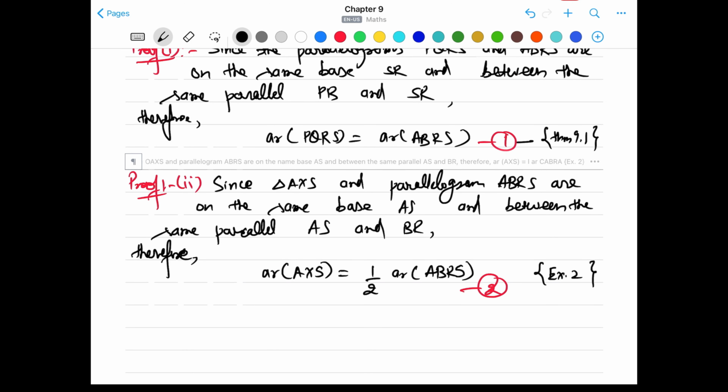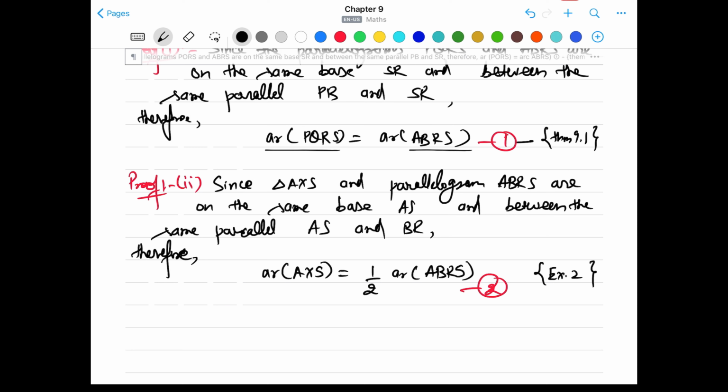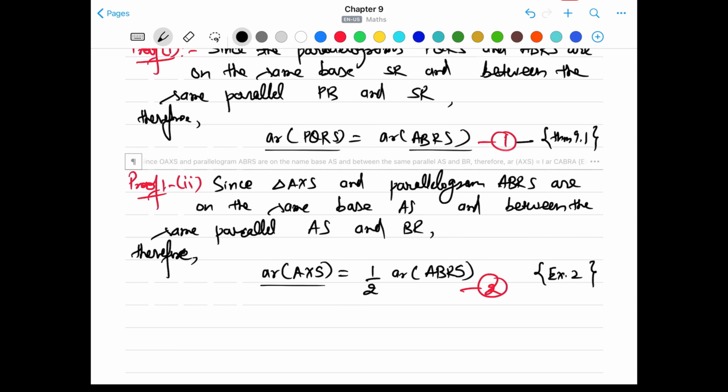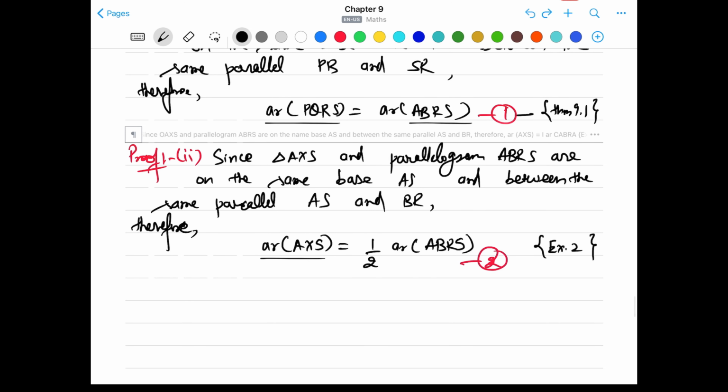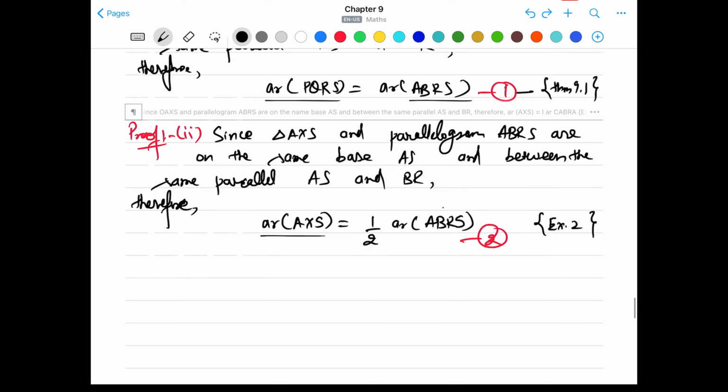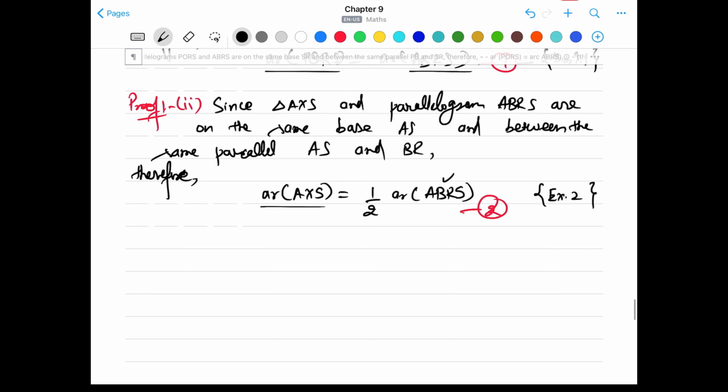Okay, so now you will see that in equations 1 and 2, the area of PQRS is equal to the area of ABRS. Similarly here we got the area of AXS is equal to half the area of ABRS. So what we are going to do is replace this ABRS by PQRS, because in equation 1 we have ABRS equal to PQRS.